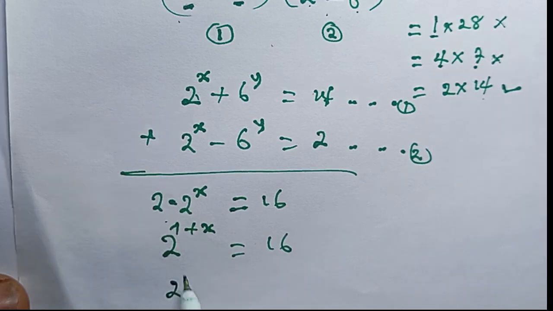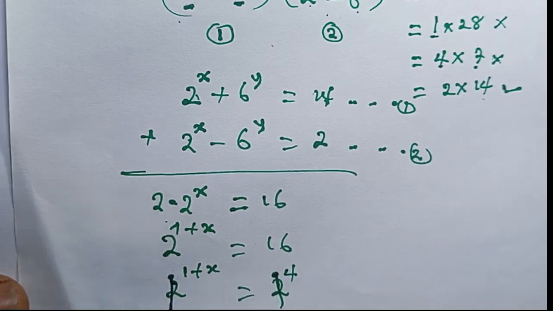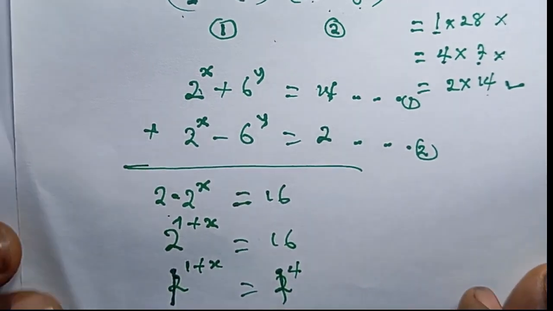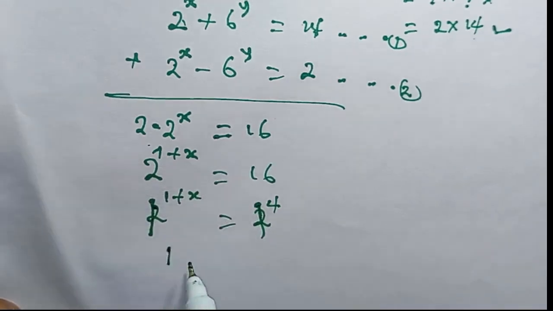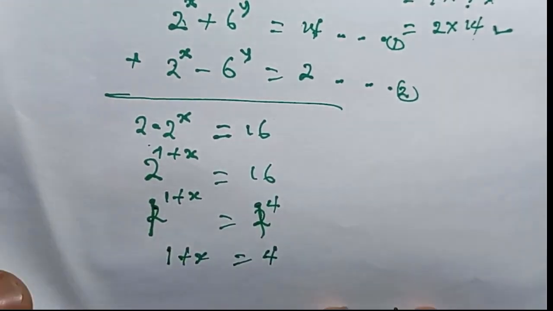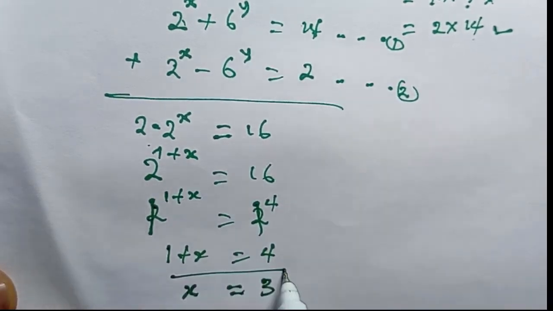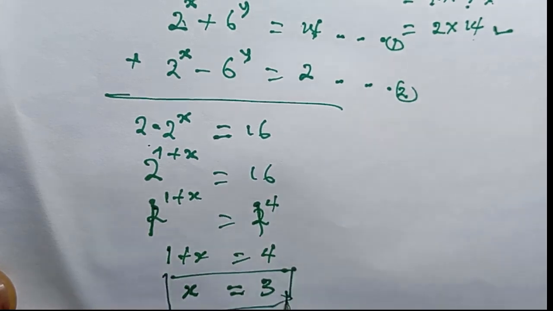So that we have 2 power 1 plus x is equal to 2 power 4. They have the same base right here, so we can cancel them and equate the powers. So 1 plus x is now equal to 4, which obviously means our x is equal to 3. Okay, so this is going to be the value of x.